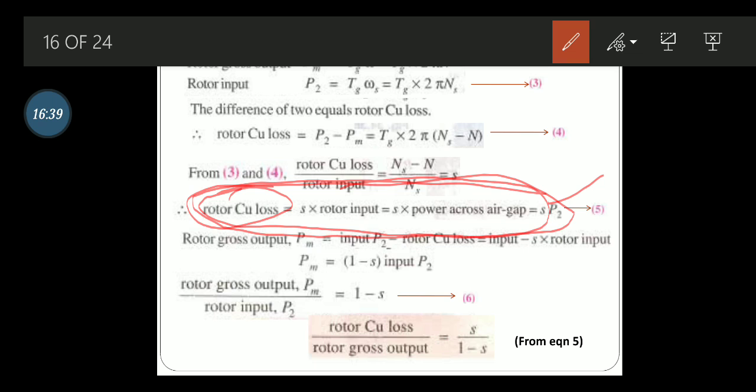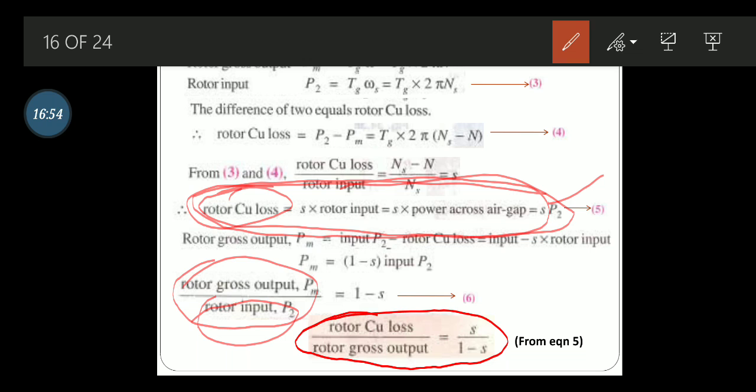Then this will be substituted in this equation in place of rotor input. If you substitute rotor copper loss divided by s in place of rotor input, and rearrange the form, you will get rotor copper loss divided by rotor gross output equal to s divided by 1 minus s. This is from equation number 5.